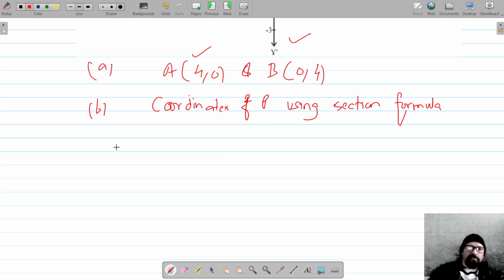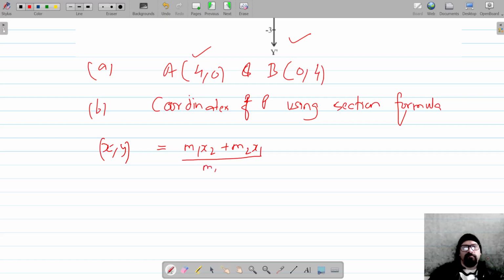The section formula says that the coordinates of P, x comma y, are equal to (m1 x2 plus m2 x1) upon (m1 plus m2), and (m2 x1 plus m1 x2) upon (m1 plus m2).